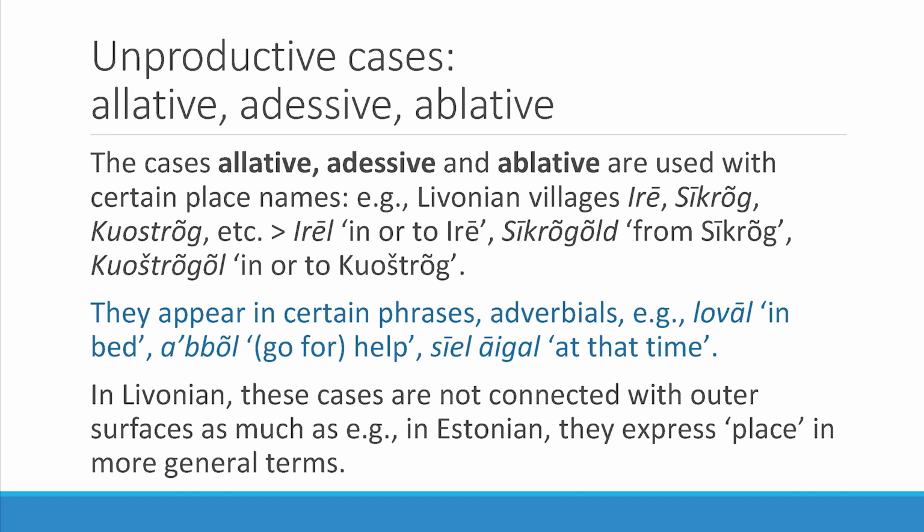So it's I am in Ire, or I go to Ire, ma läheb Irel. So I use this allative or adessive. I come from Siikrõg, ma tuleb Siikrõgõld. So here I use this ablative. Ma läheb Koštrõgõl, or ma Koštrõgõl. Again, I am in Koštrõg, or I go to Koštrõg.